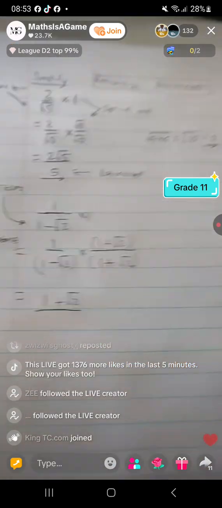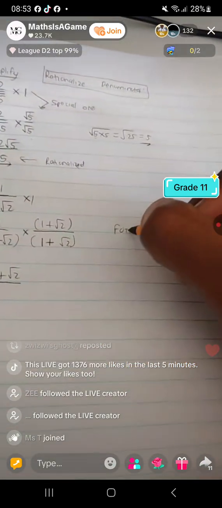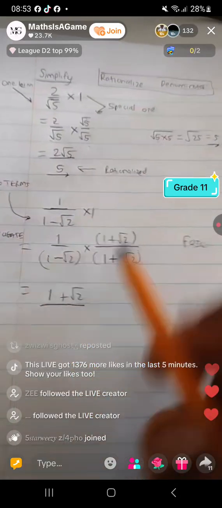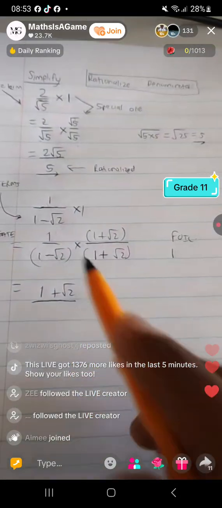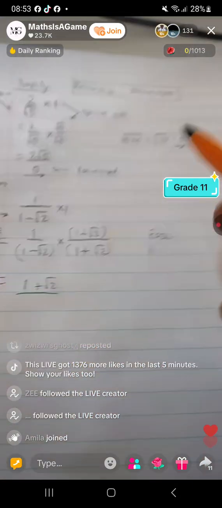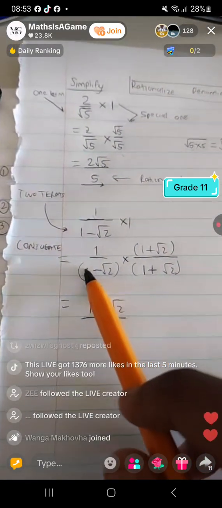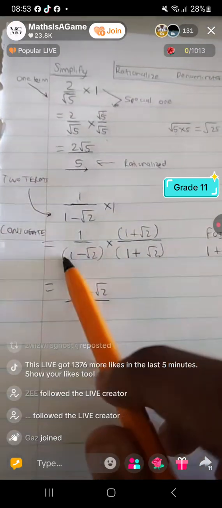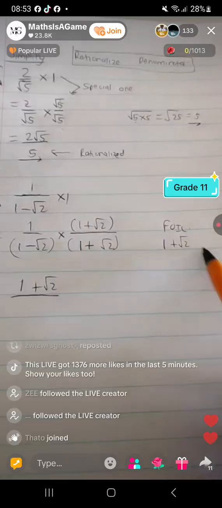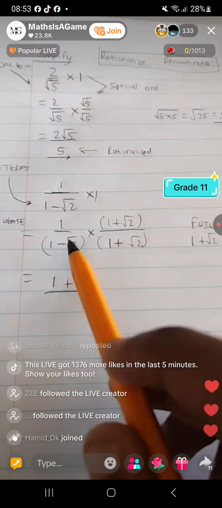You're going to apply FOIL. 1 times 1 is 1. 1 times positive root 2 is positive root 2. Then you move on to the negative root 2.